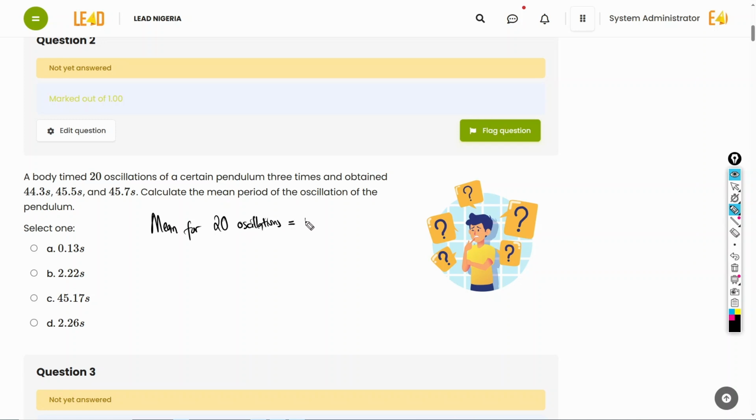which would just be 44.3 plus 45.5 plus 45.7 over 3.